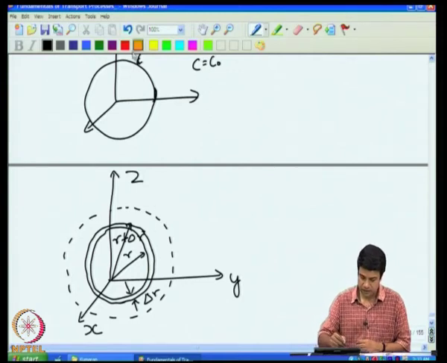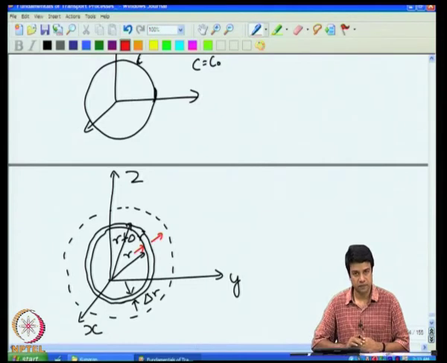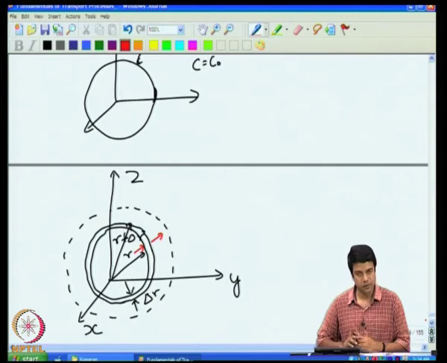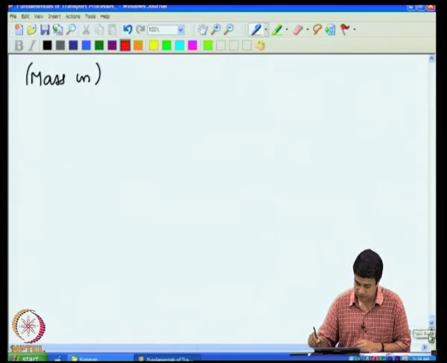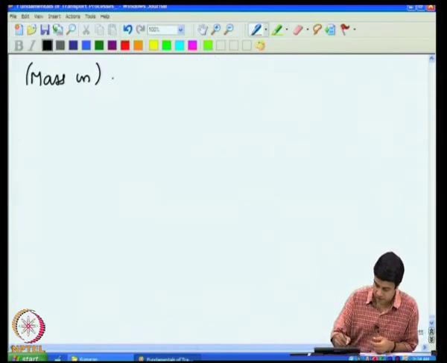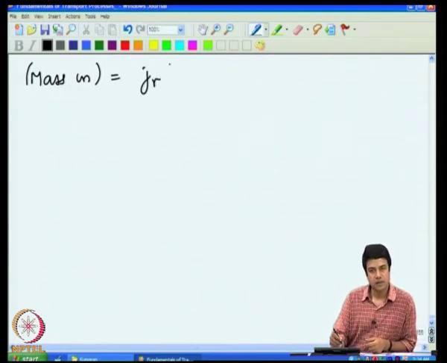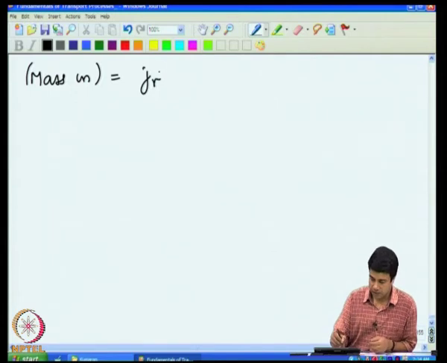At the surface at r plus delta r, the mass is going out of this volume. The mass in at the surface at r is going to be equal to the flux times the surface area. So, it is going to be the flux J r times the surface area, which is 4 pi r square.